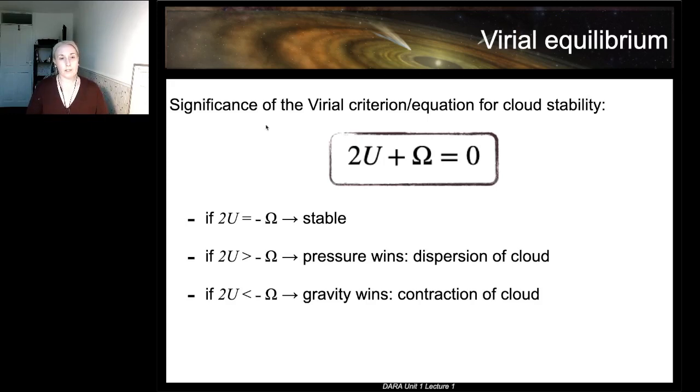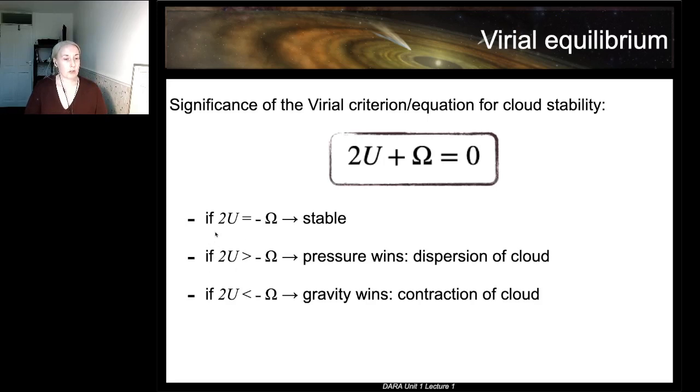And this is why the Virial equation is very critical for cloud stability. So if 2 times the kinetic energy is equal to minus omega, so we just put the omega on the other side, that means that the cloud is stable, it will not collapse, it will sit there happily, not doing very much of anything.